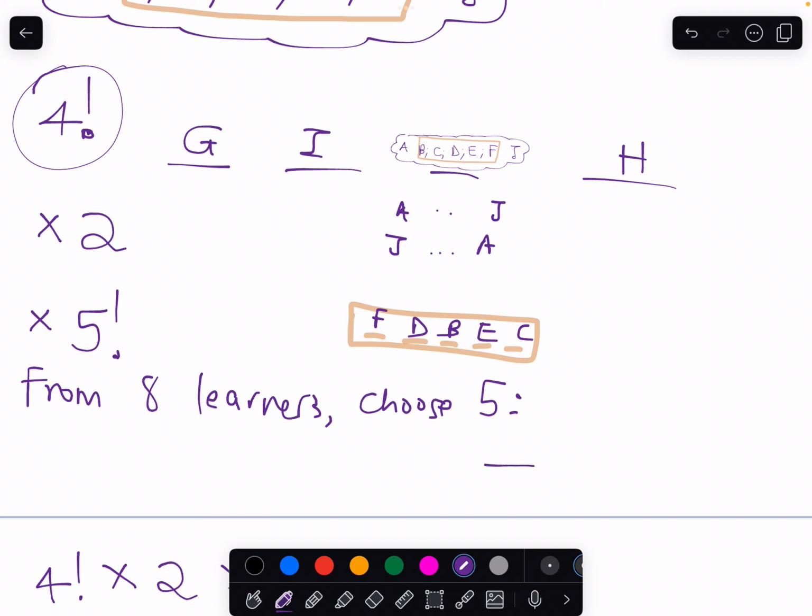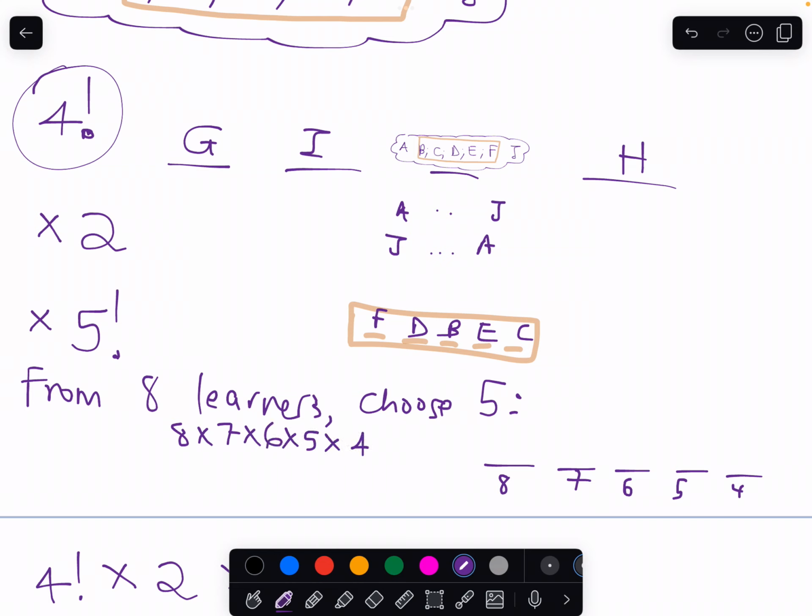So we're saying there are 5 slots, and we want to choose from 8 learners. And choose means order doesn't matter. We're just picking A, B, C, D, E, E, D, C, B, A, same potato. So for the first slot, we have 8 options, and then 7, and then 6, and then 5, and then 4.